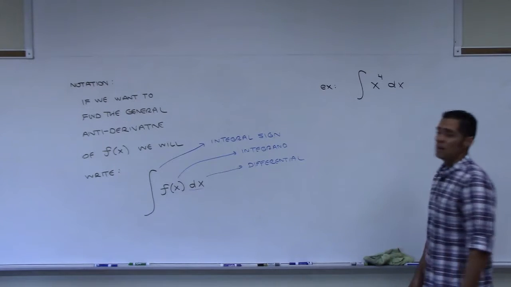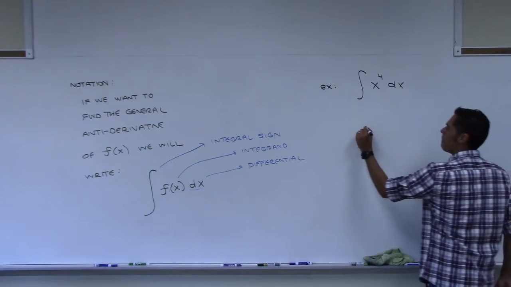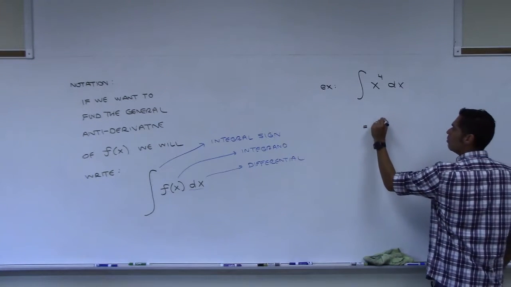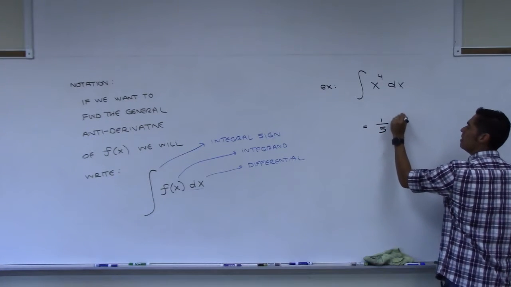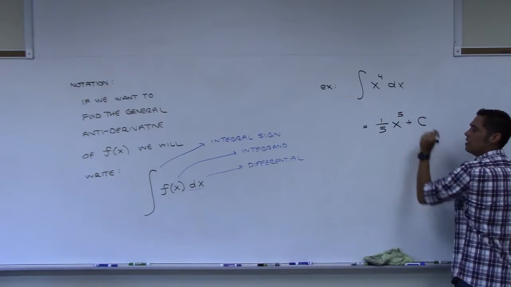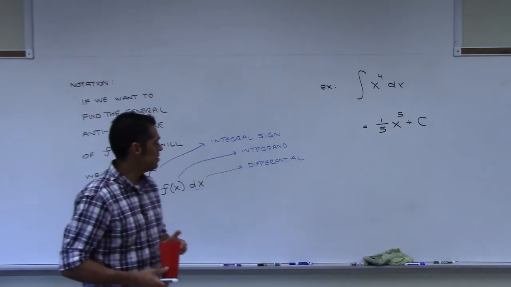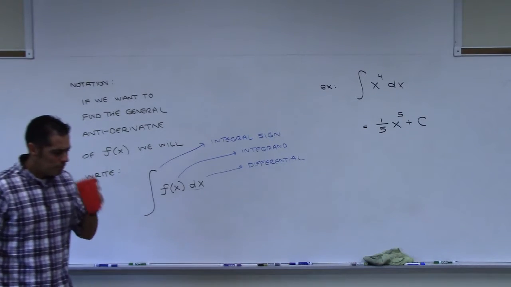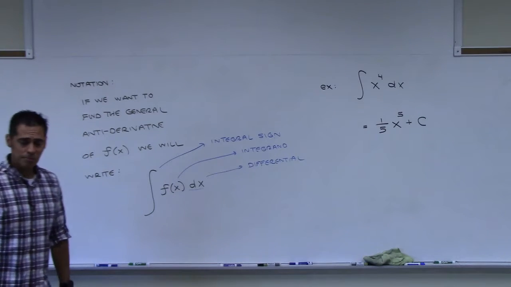OK, well, let's go with x to the fourth. So what is the answer to this? What is this equal to? Careful? 1/5 x to the fifth plus c. That seem OK with you?